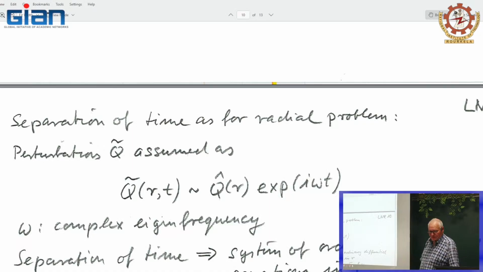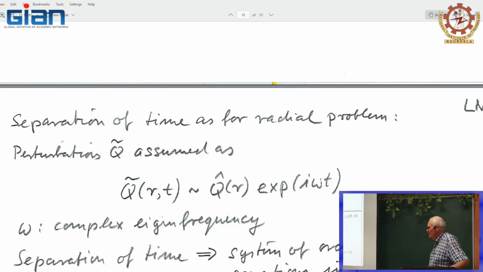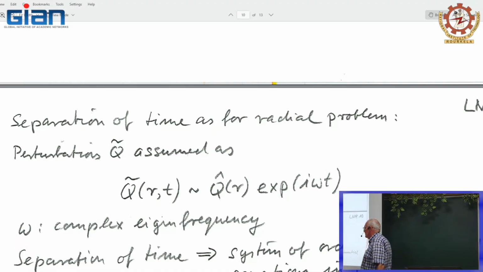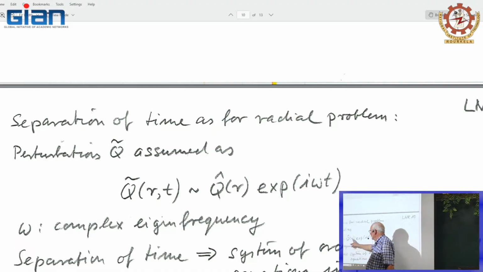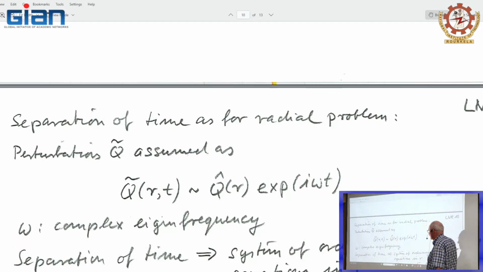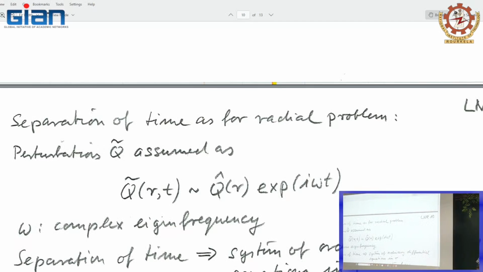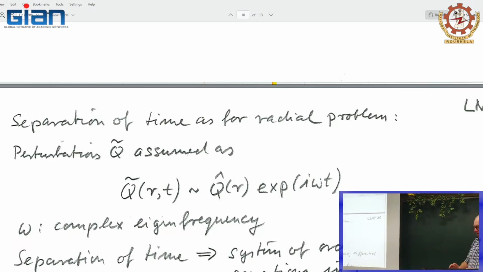By this approach we get a separation of time, and then we end up with a set of ordinary differential equations, because now the only independent variable is the radius or the position r. So we get a system of ordinary differential equations in r.